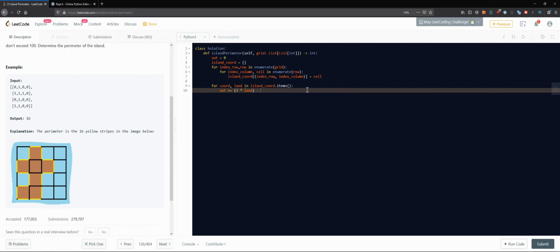What we want to do is basically island coordinates will get, and now we want to have, how do we do this? We know that coordinates is a tuple, right?